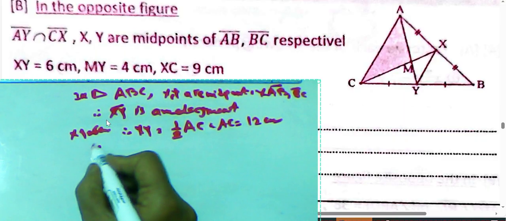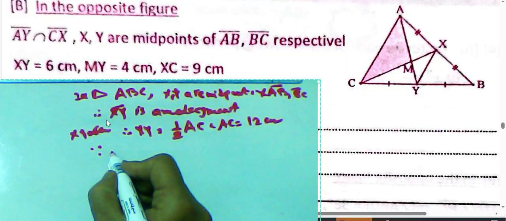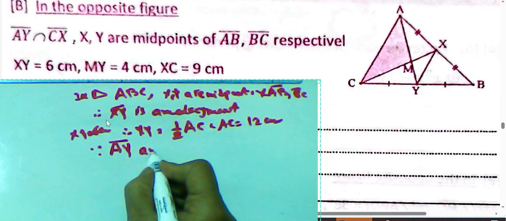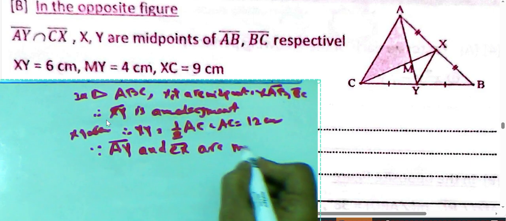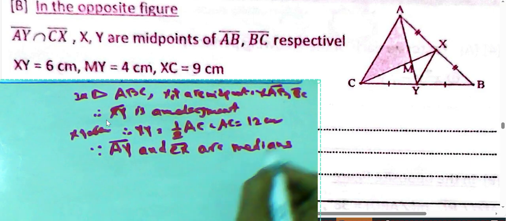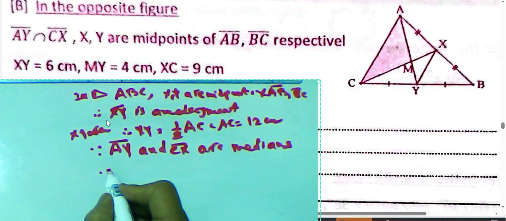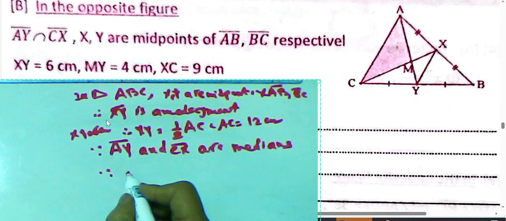And next, we can write such that AY and CX are medians. We call them medians, and two medians intersect at one point.